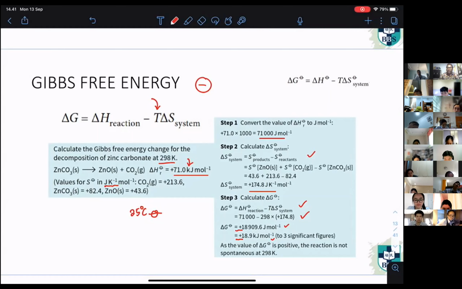In order to say that the reaction is feasible, it must be negative. So if your value of Gibbs free energy is positive, it means that the reaction is non-spontaneous at what temperature? You must tell they are non-spontaneous at 298. So this is another important thing. You must mention the temperature.